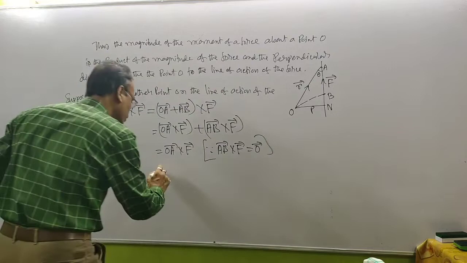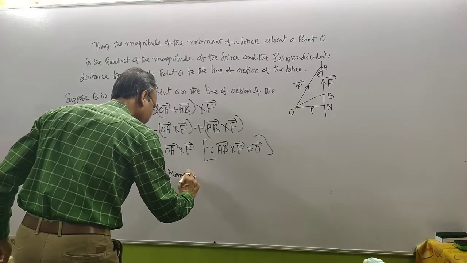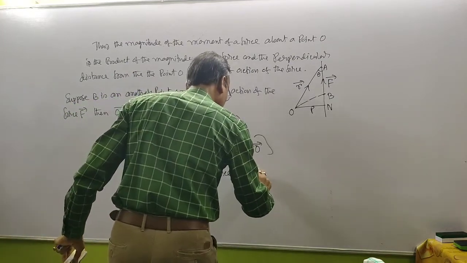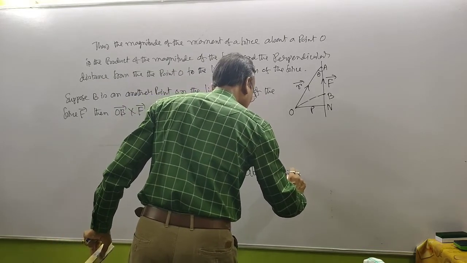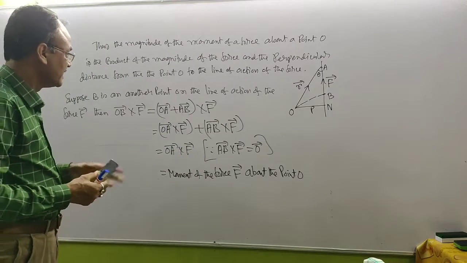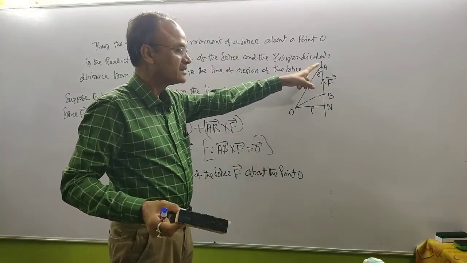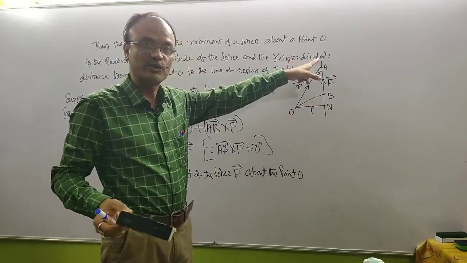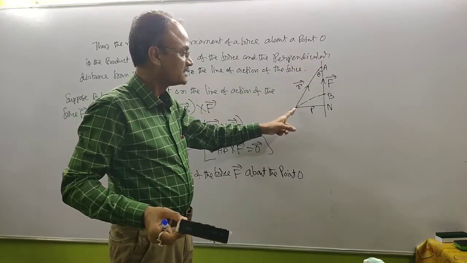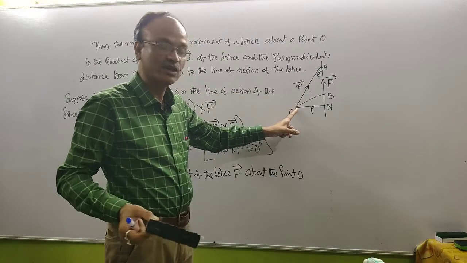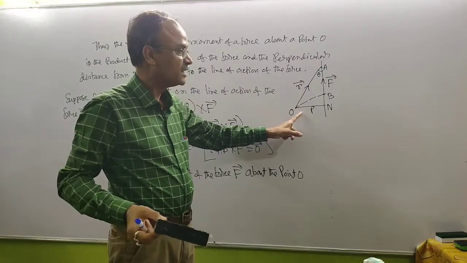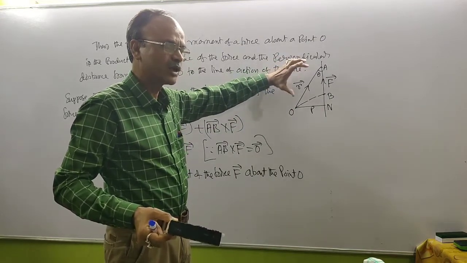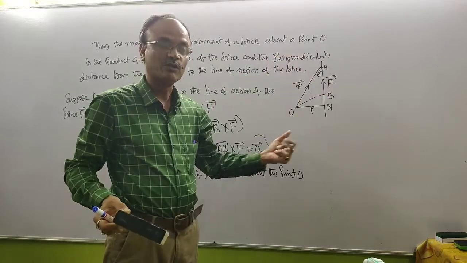OA cross F is the moment of the force F about the point O. If you take any other point C on the line of action of the force, with position vector R1 with respect to the point O, then R1 vector cross F vector will be equal to the moment.